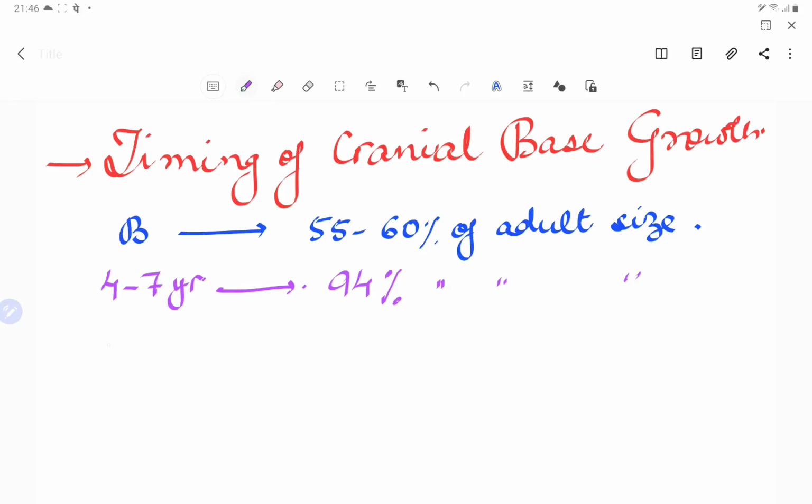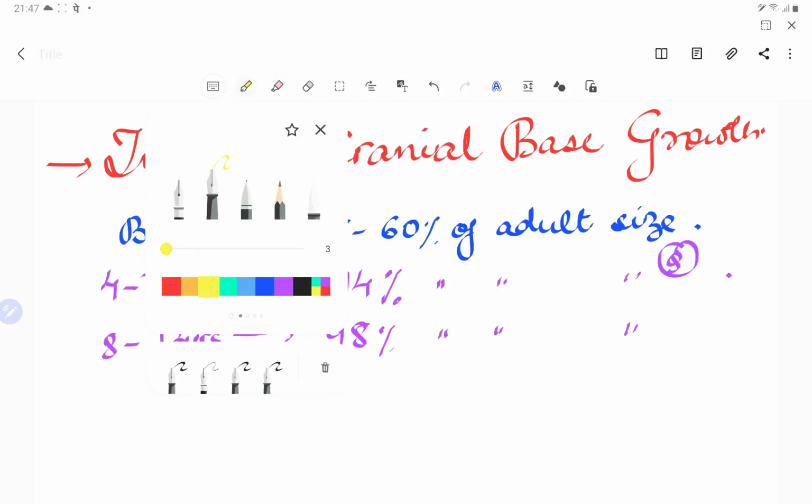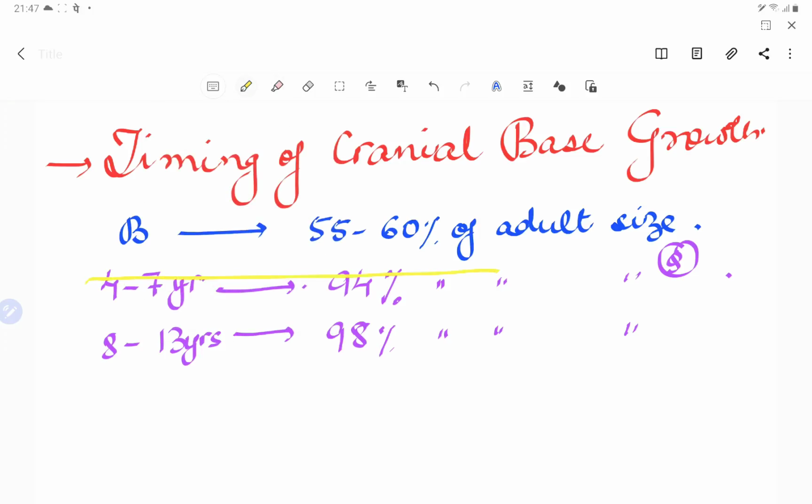And 8 to 13 years is the time when the cranial base growth completes to 98% of the adult size. So the important point is that by 4 to 7 years more than 90% of the cranial base growth occurs, right?